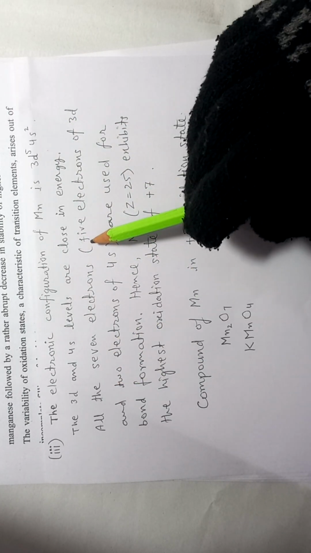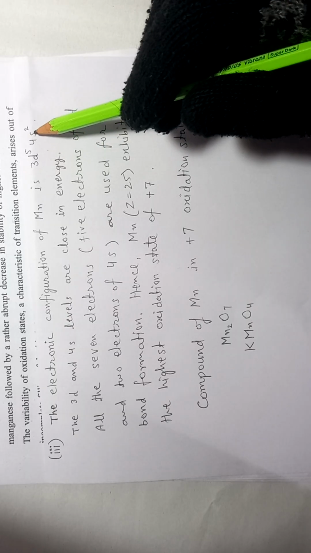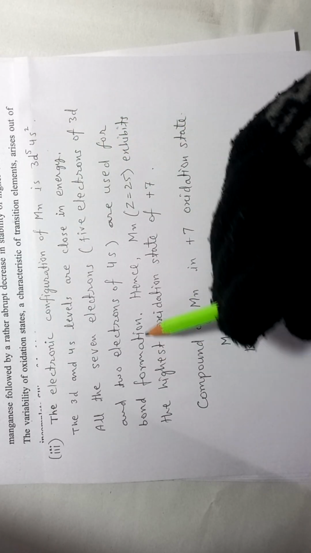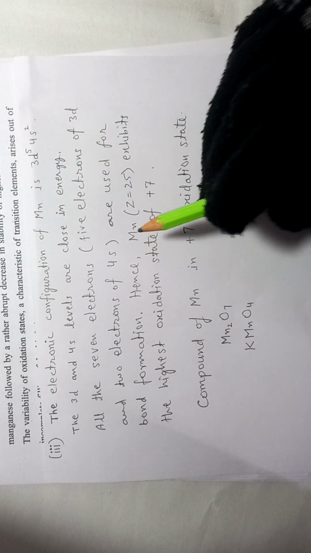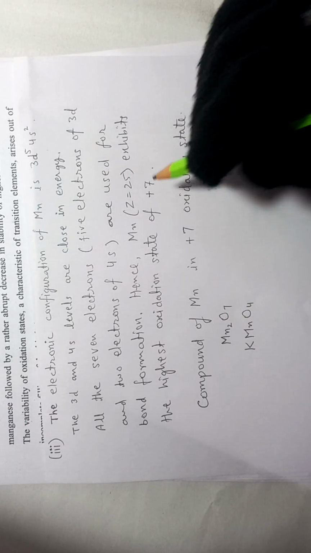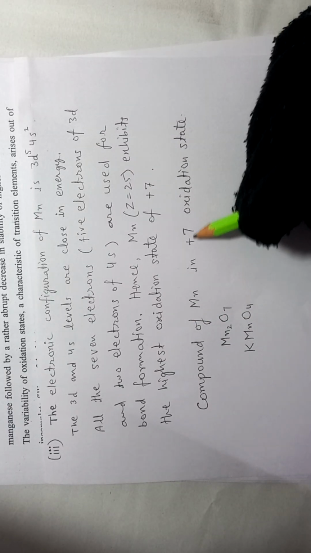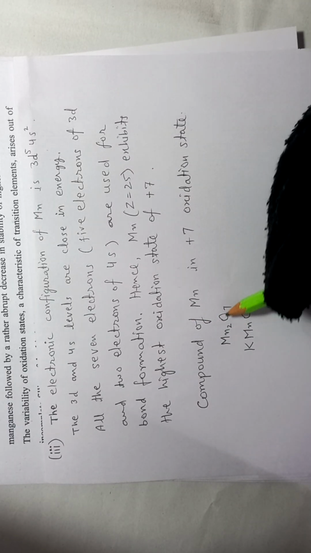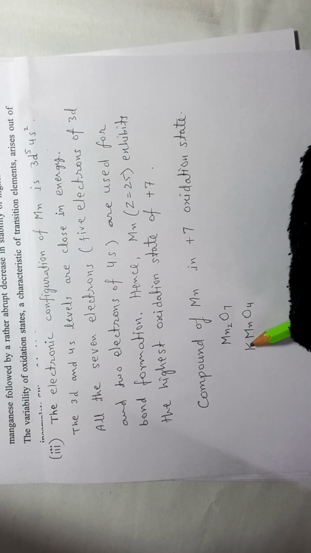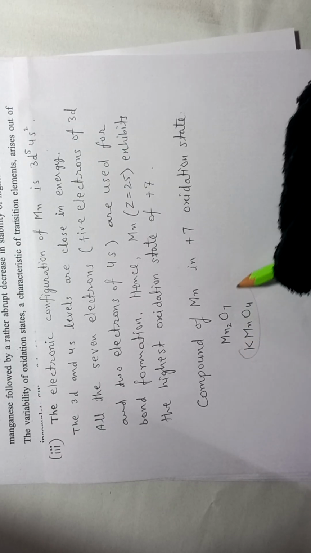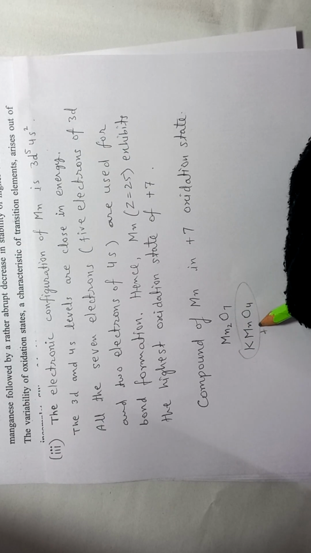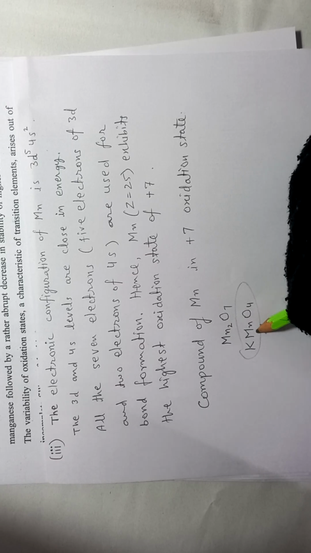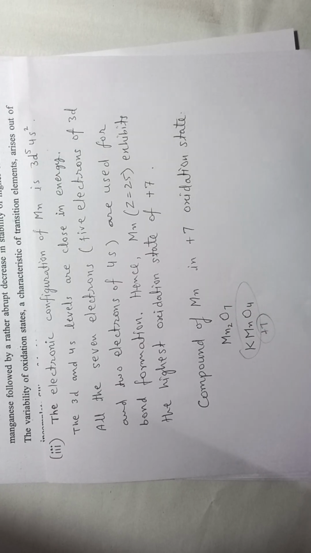All the 7 electrons, 5 from 3d and 2 from 4s, are used for bond formation. Hence, manganese exhibits the highest oxidation state of +7. The compounds in +7 oxidation state are Mn2O7 and KMnO4. KMnO4 is very important. You should memorize this. Its oxidation state is +7. This is in your practical exams also for titrations.